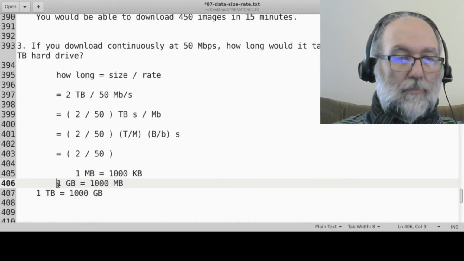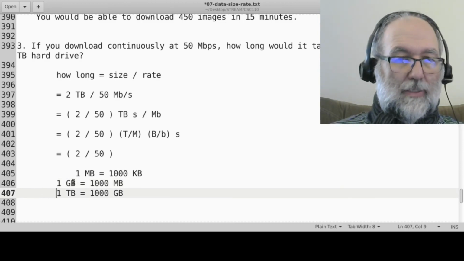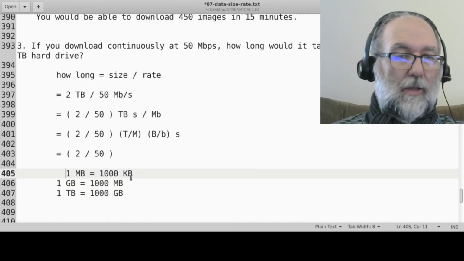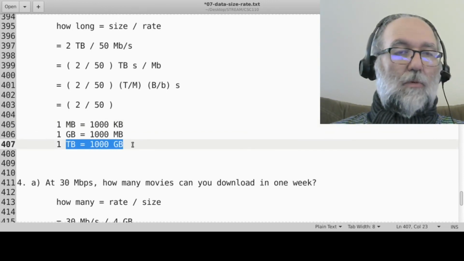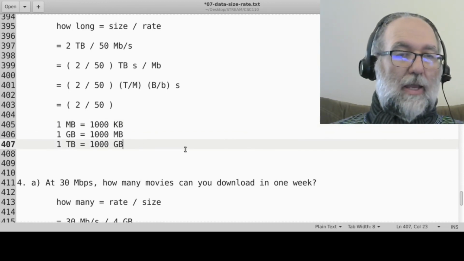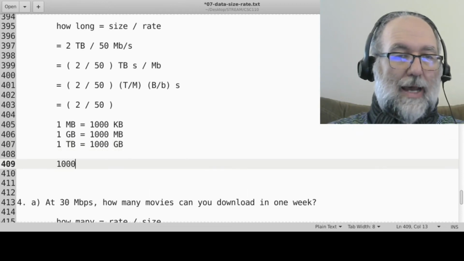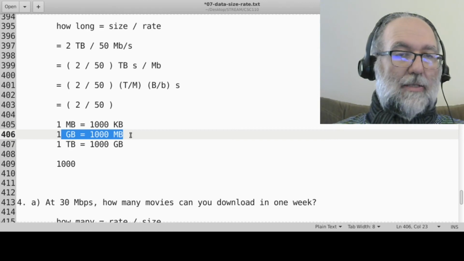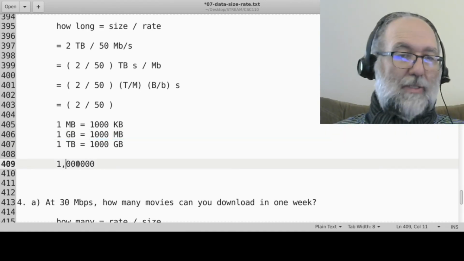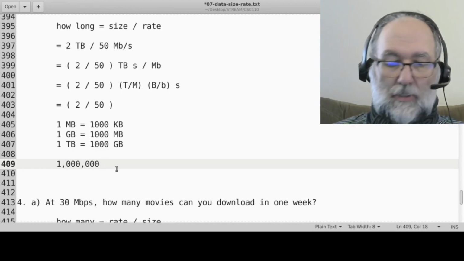So we've got this and that and that. Let's take a look here. From tera to giga, we got a factor of 1,000. So that's 1,000 just to go from tera to giga. From giga to mega, we've got another 3 zeros, another 1,000. We could put some commas in there to see how this goes.